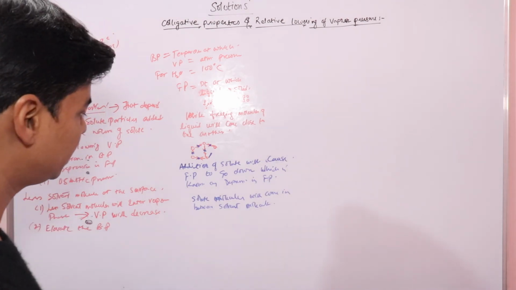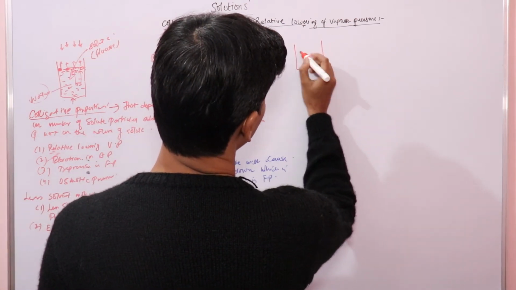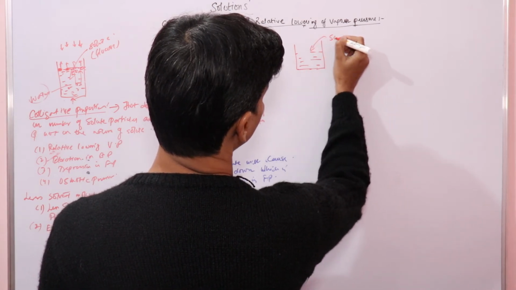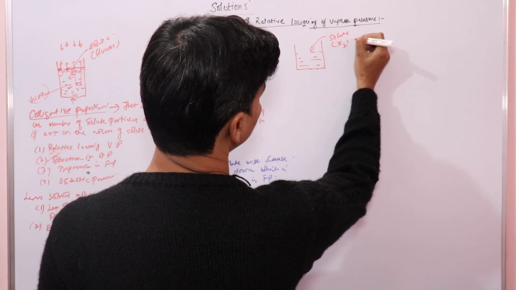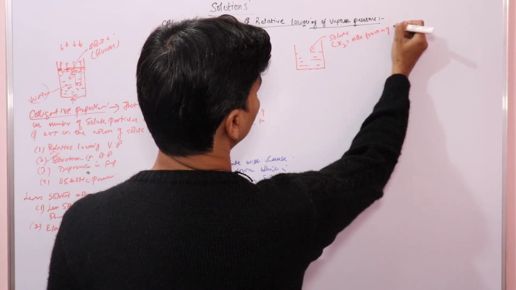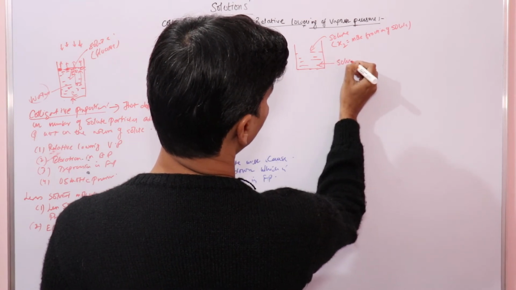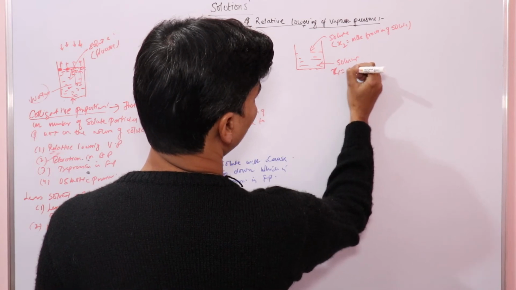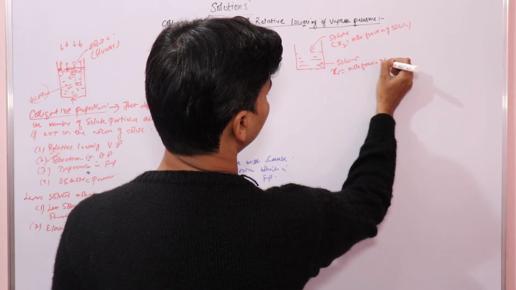Now let's take an example of this solution, where you add this solute. We have x2 equal to the mole fraction of solute, and this is your solvent, x1 is the mole fraction of solvent.